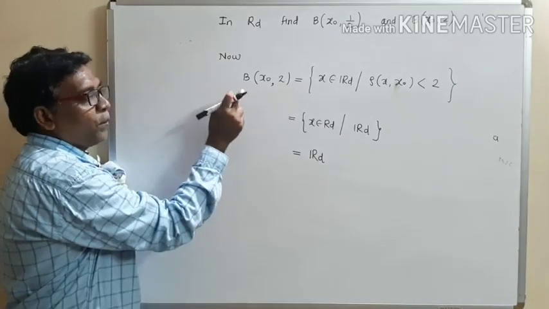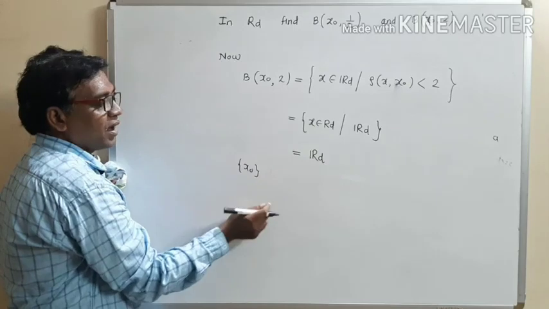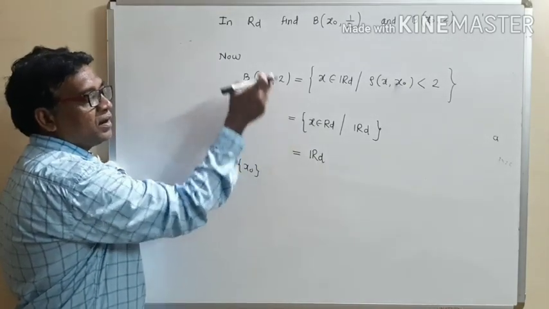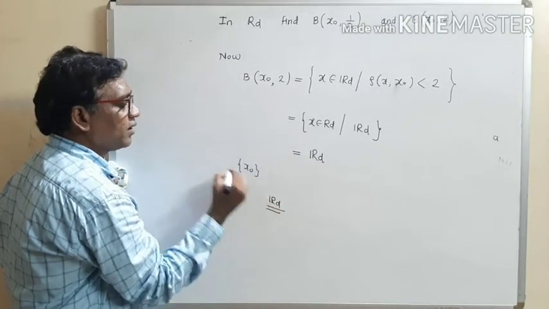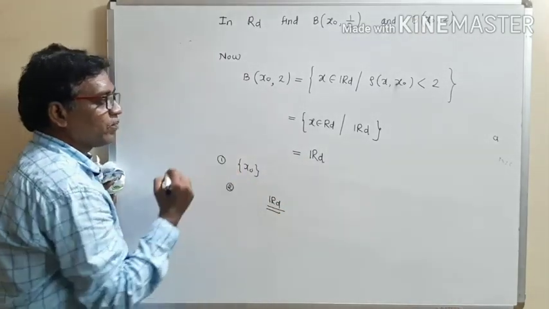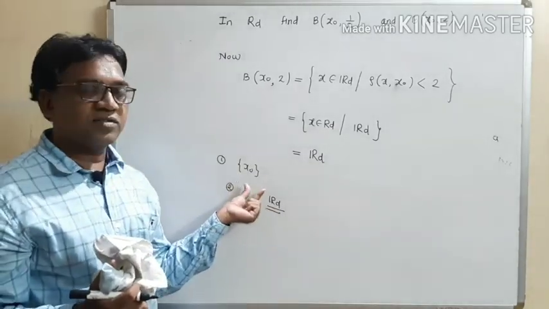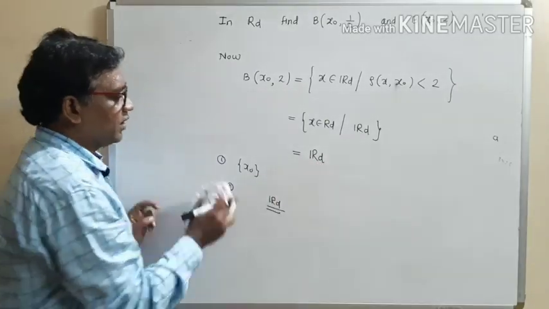Previously we have seen that the open sphere in discrete metric space is nothing but a singleton set. And this is again a different answer. Open sphere in discrete metric space is nothing but the complete space Rd. So these are the two answers. Open sphere in discrete metric space may be a singleton set or it may be the complete set, which is a discrete metric space.